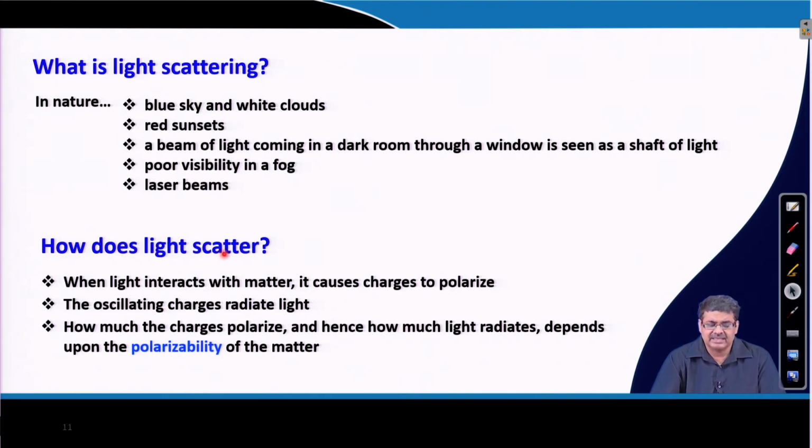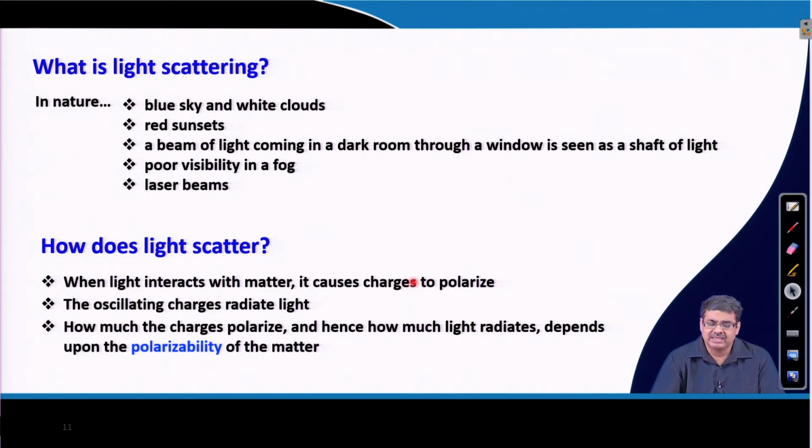How does light scatter? When light, which is electromagnetic radiation, interacts with matter, it causes the charges in a molecule or matter to polarize. Basically, it induces a dipole.